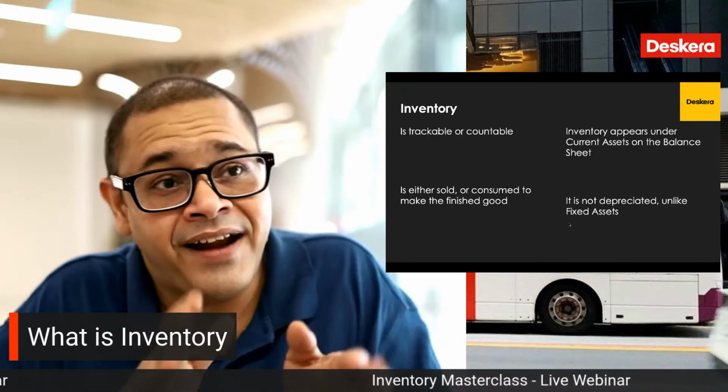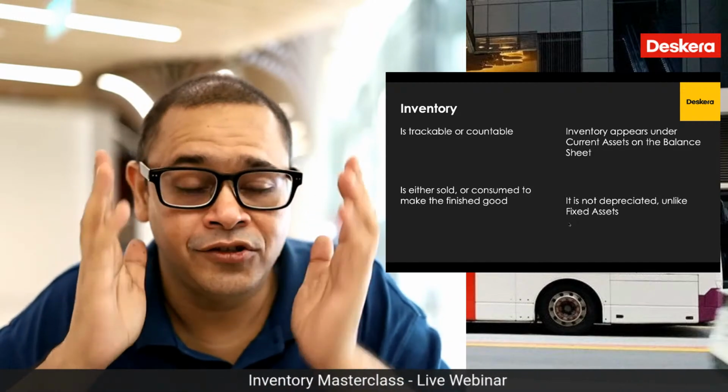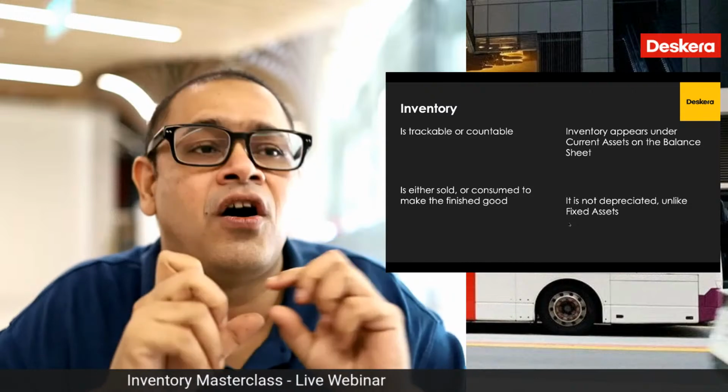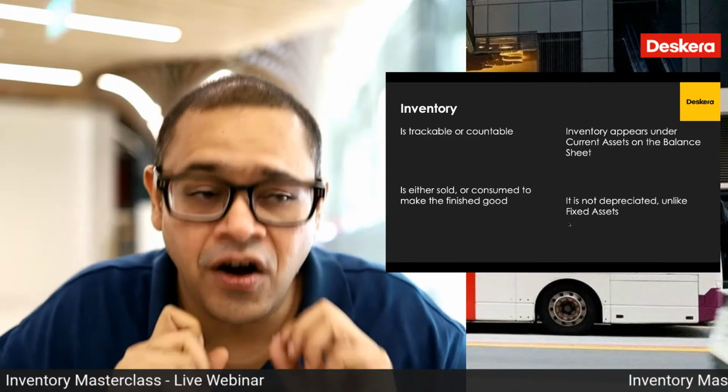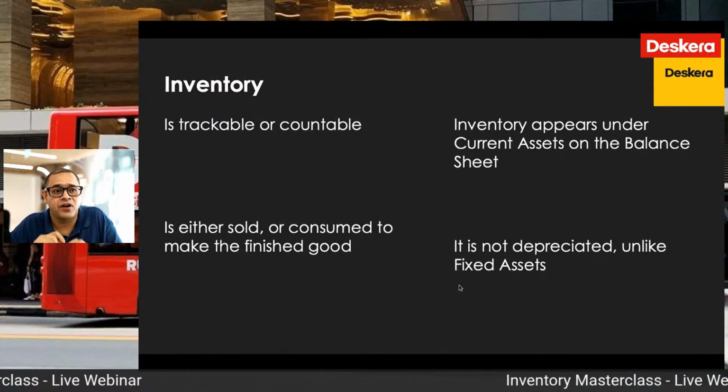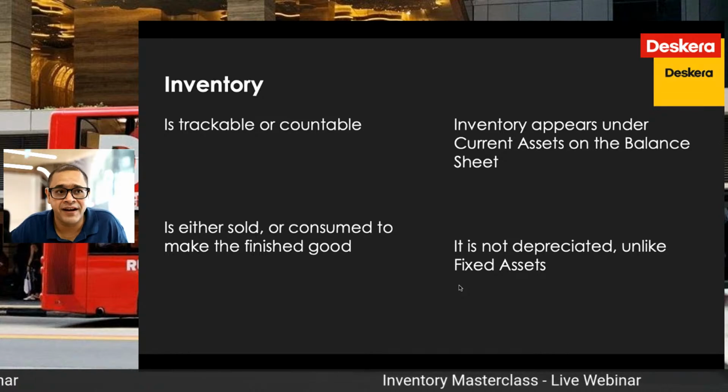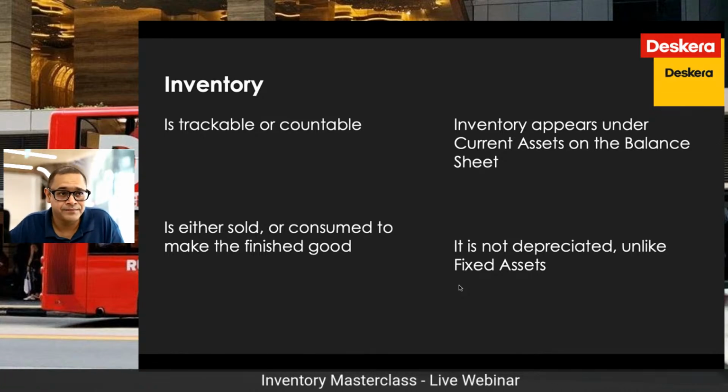But that is for online software or where there is no physical component involved. If there is a physical component involved for selling your software, then it should ideally be tracked as inventory. For example, CDs.